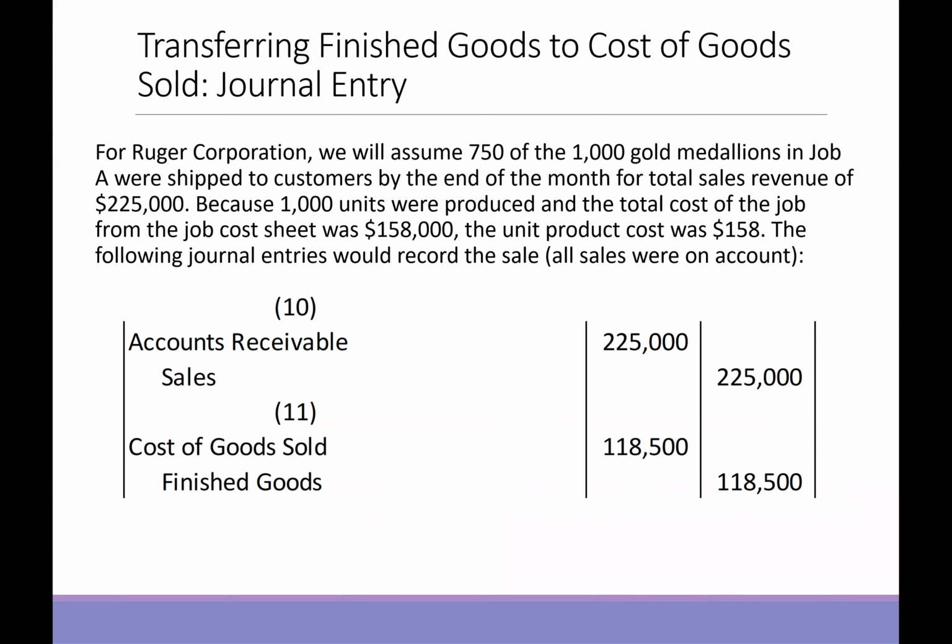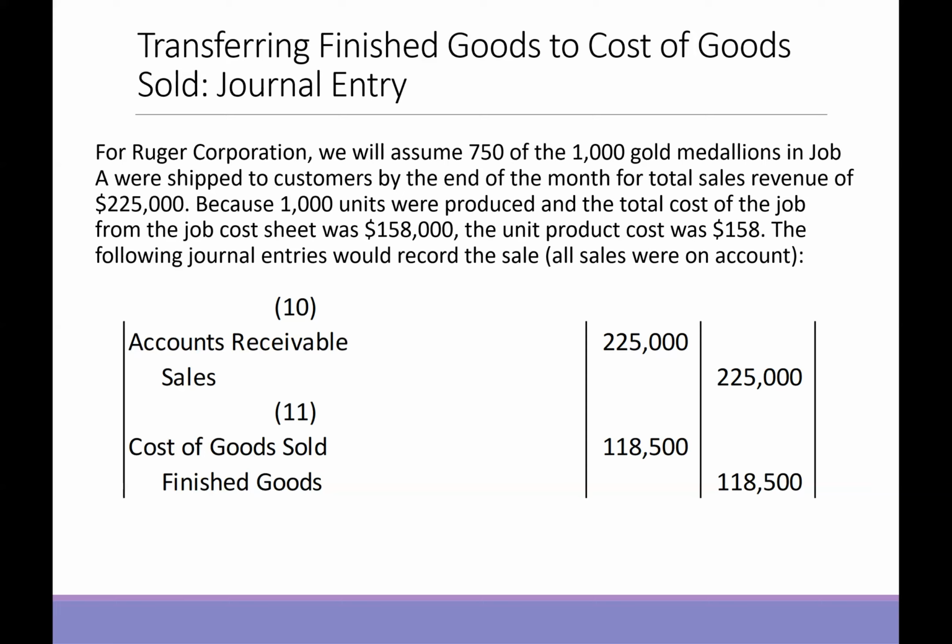Because 1,000 were produced and only 750 were sold, we can figure out how much we will assign for a product cost per unit. So we will still have some of this job A sitting in finished goods inventory. But we know 750 items at a product cost of 158 per unit will be transferred out of finished goods into cost of goods sold.